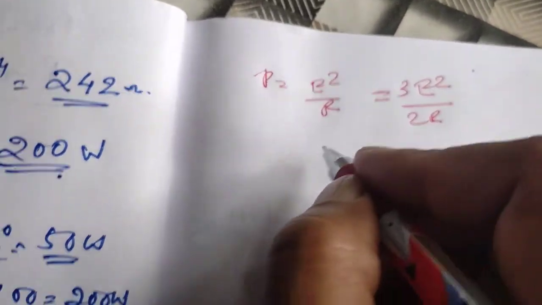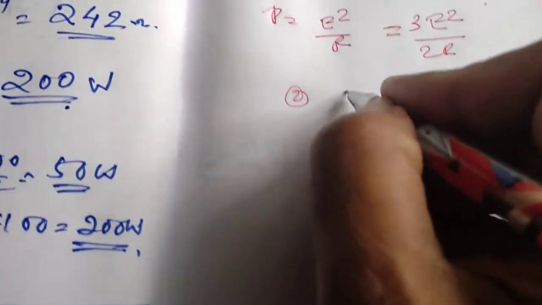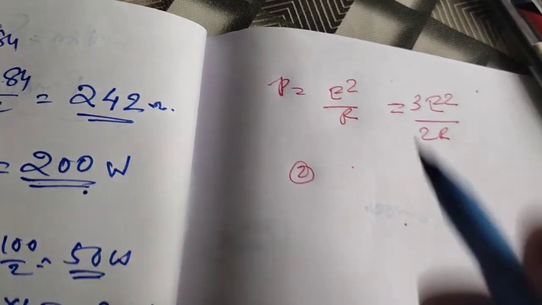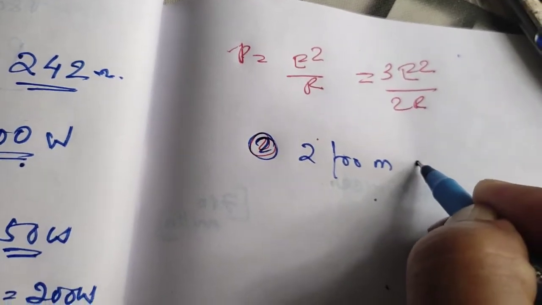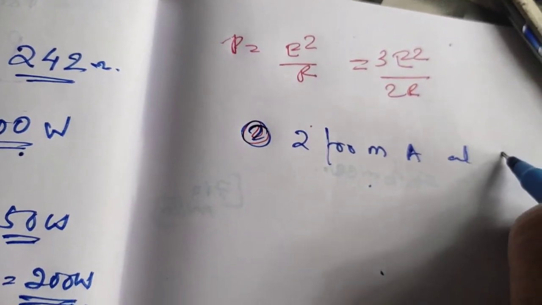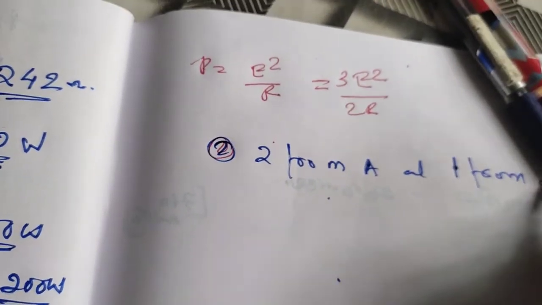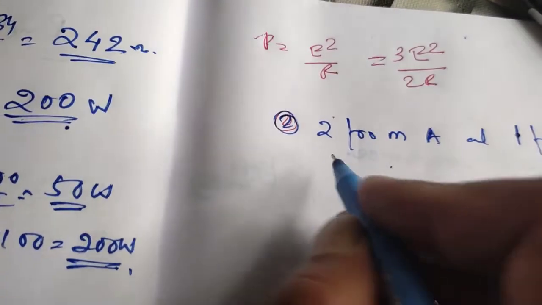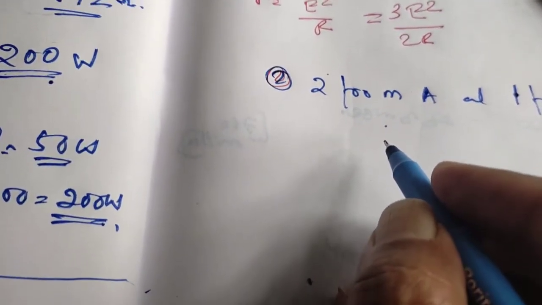Now the second case says two from A and one from B. So two from A means that for the other one, no current is flowing through that circuit.